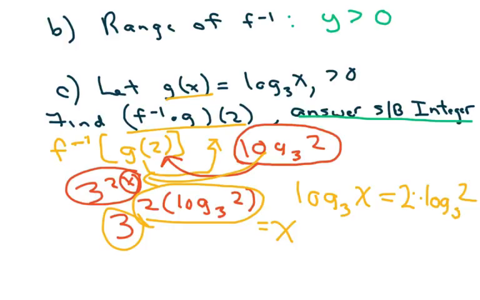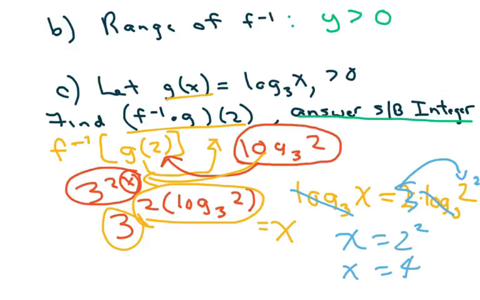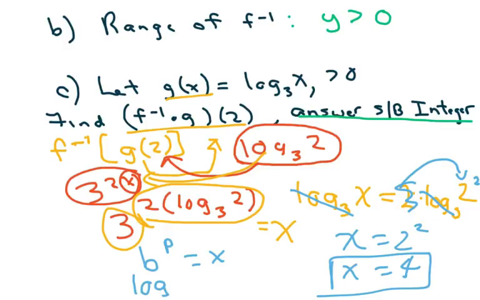Now I'm going to use my power property and move my 2 here. So that would be 2 squared. Then I can cross out my log base 3's, and I get x equals 2 squared, so x equals 4. Alright? So basically I just rewrote this in exponential form, and I rewrote this in log form. And then I solved from there.